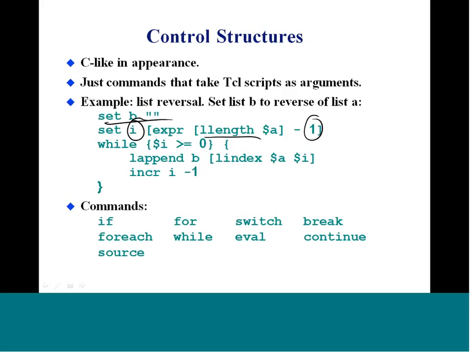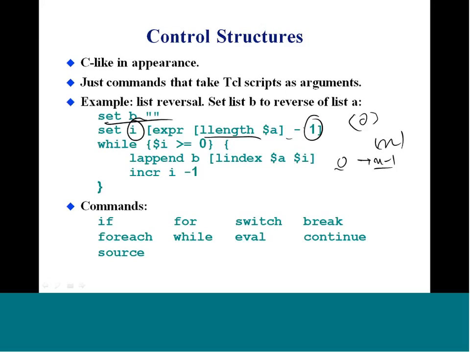Can anyone tell me what this does? llength actually gives the length of the list, and then we need to subtract 1 from it because the first element is 0. So if there are n elements, each one is indexed 0 through n minus 1.